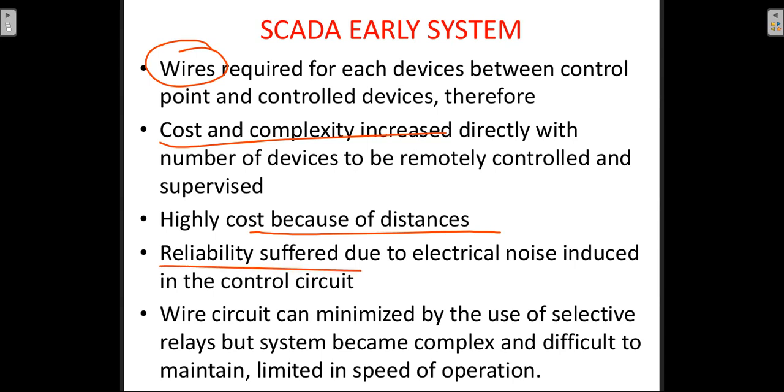Reliability suffered due to electrical noise induced in the control unit. This is one advantage we have even seen in the case of PLC systems: they are mostly independent of electrical noises and interferences due to electromagnetic signals and so on. Whenever you have these signals superimposed on your data, many a time the data would be misread or misinterpreted.